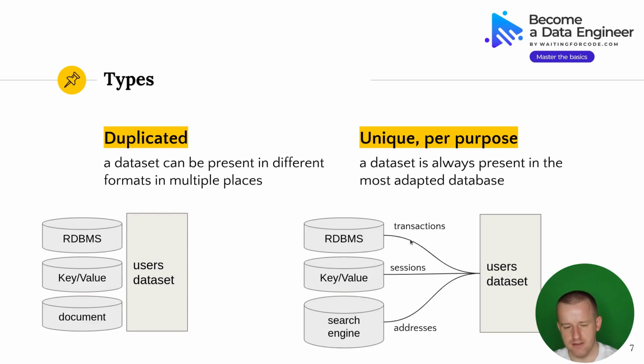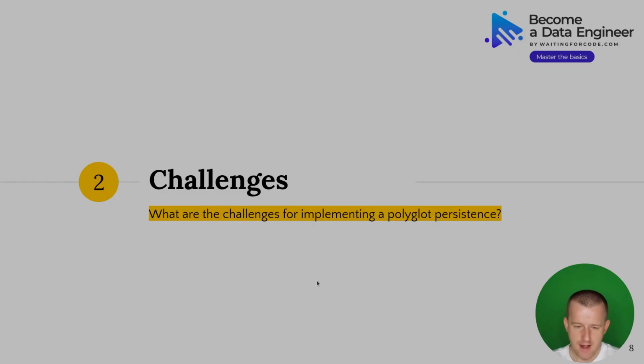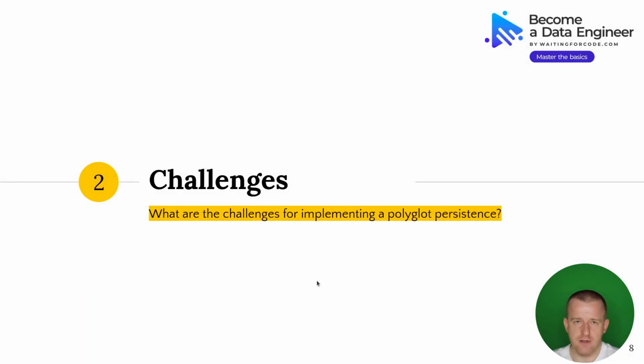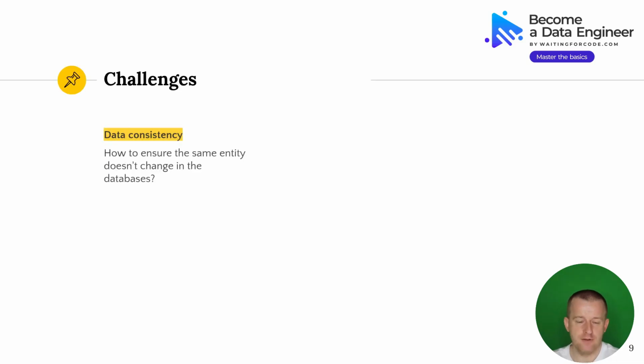Each time the key part is that there is some single dataset present fully or partially on different specialized databases. And what are the challenges for polyglot persistence? The first of them is, of course, consistency. So how do you ensure that all these databases store consistent information?